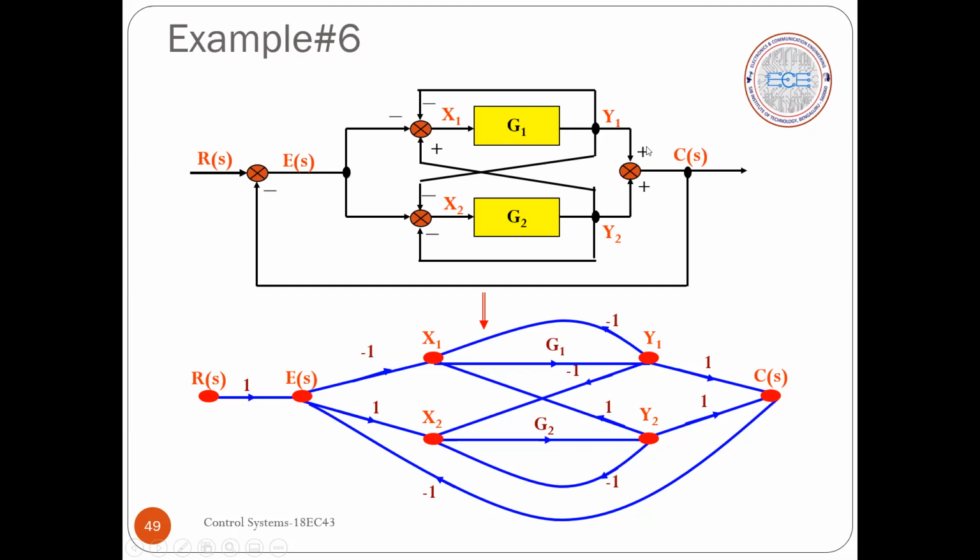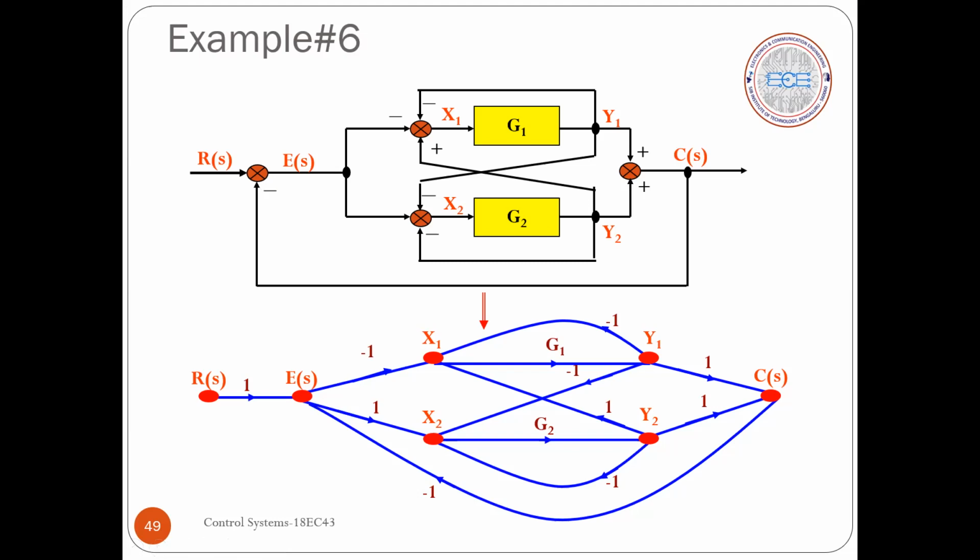As I said, merging the input node with the last takeoff point, we have done it here. There is no point in taking 2 explicit nodes. We have merged. You can do that, or you can have it explicitly. It is not going to affect your graph in any way. So we are trying to avoid having a number of nodes. Only the essential nodes we will be considering. So here what we found is it is as good as coming out of the summer, so we have just merged it.